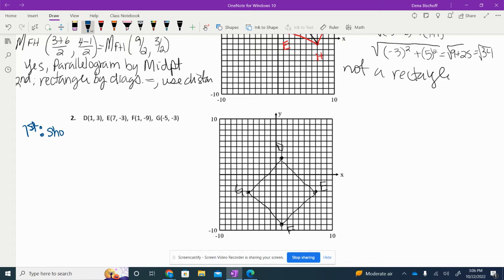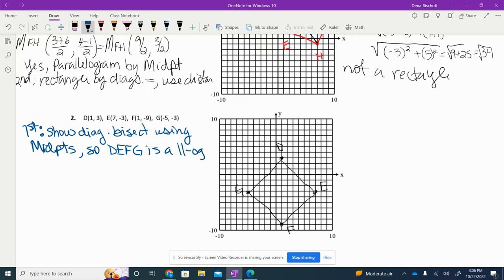So I'm going to show that the diagonals bisect using midpoints. So DEFG is a parallelogram. You can close that door if you would, please.